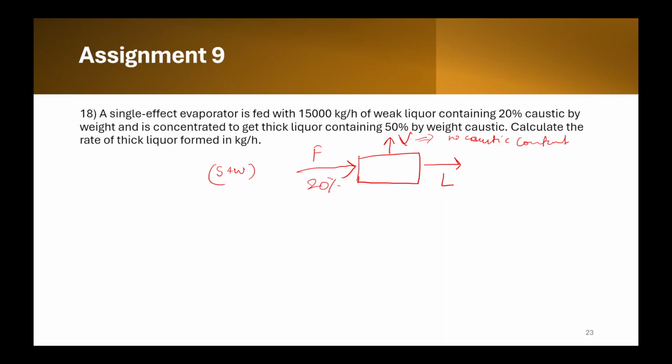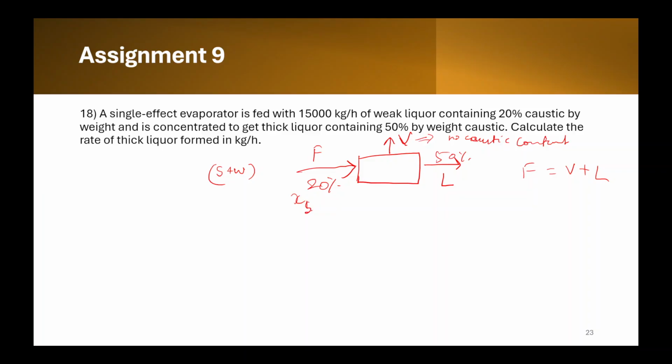So it went from 20% to 50% caustic. From the overall material balance, F = V + L. But from this equation we cannot find L, since we know F but we don't know V and we don't know L. So we go for the component material balance. Firstly, what are the values of the components here.